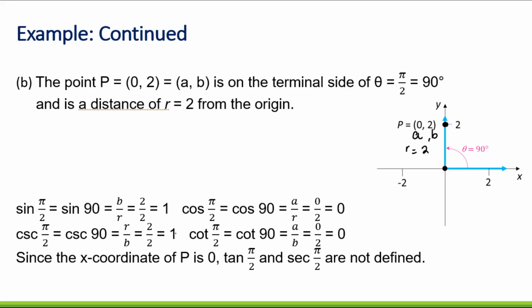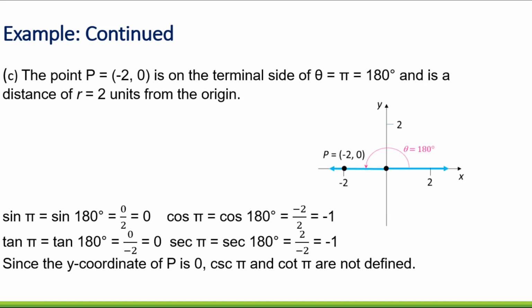That's 2 over 2, which is 1. Remember, that's the reciprocal of sine. And cotangent of pi over 2, or 90 degrees, is a over b, and that is 0 divided by 2, which is 0. Now, when you're finding the tangent and secant ratios, you end up getting 0 in the denominator, and so those values are not defined.